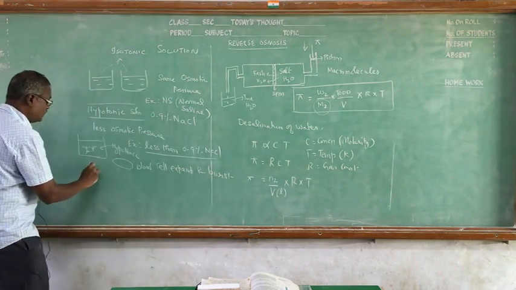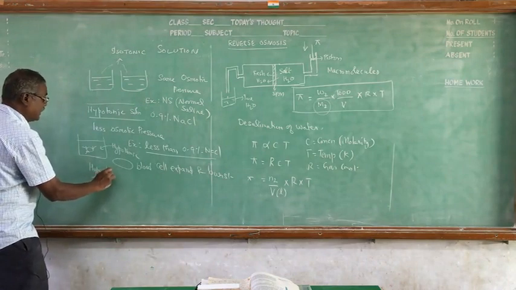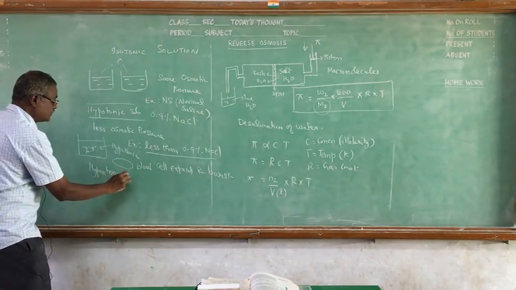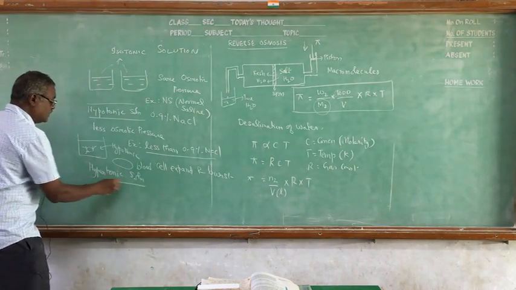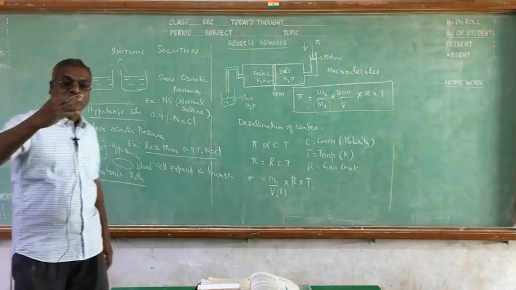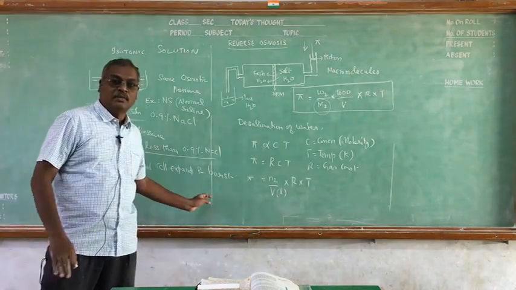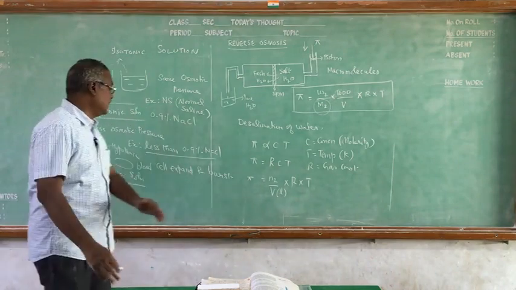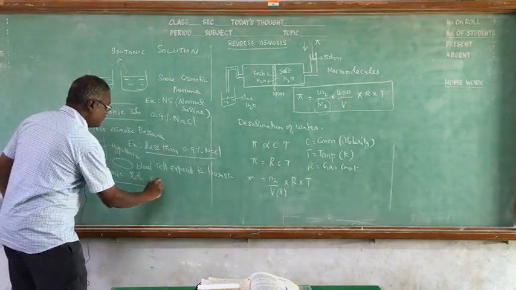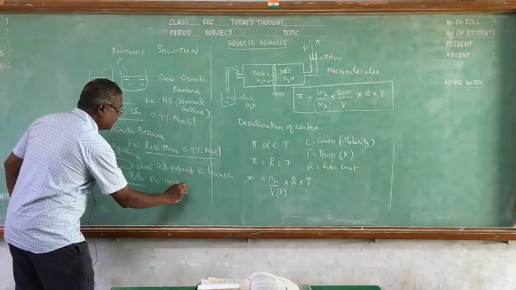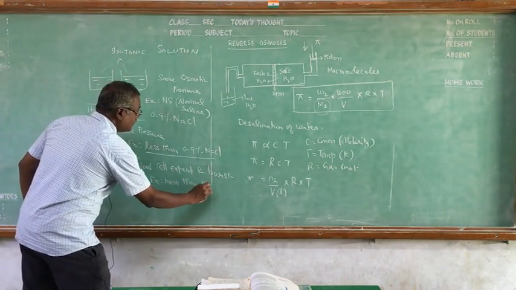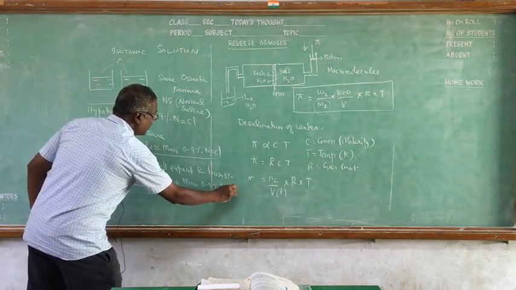Another solution is hypertonic solution. Hyper means more. Hypertonic means more concentration, for example, more than 0.9% sodium chloride.